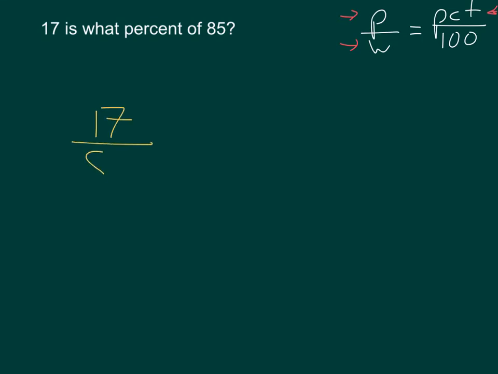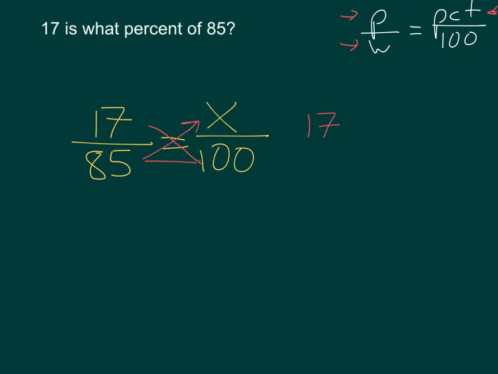The whole is 85. We're looking for the percent, and we always have 100 on the bottom of percent. Using cross multiplication, I do 17 times 100 divided by 85. That'll give me my answer. 1700 divided by 85 equals 20%.